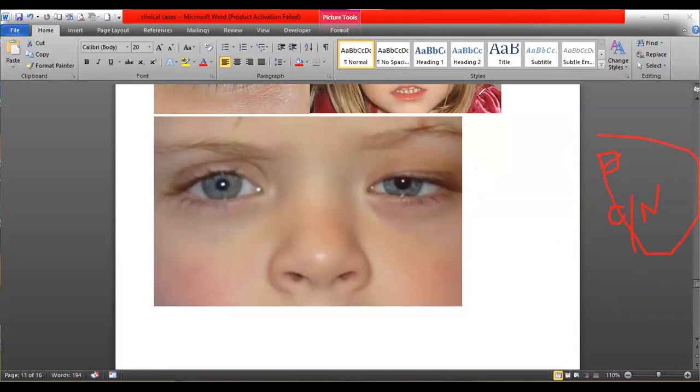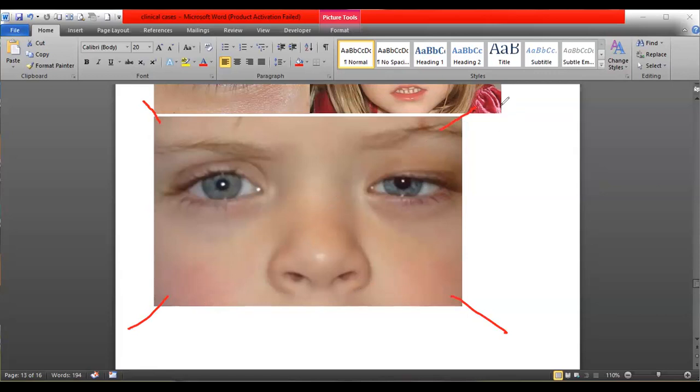So this step done. After that, we'll do the visual field, as we have seen in the video. Suppose here and here and here. So in these four directions, there will be a distance of 1 meter between us and the child.